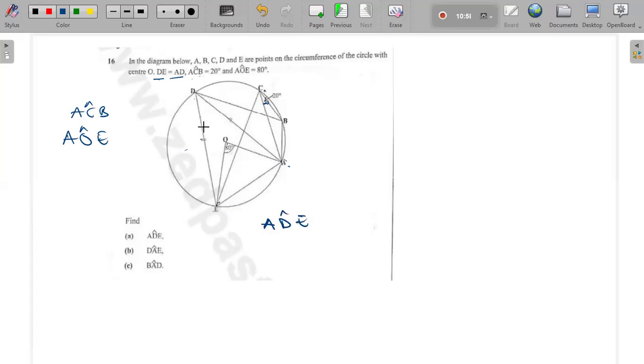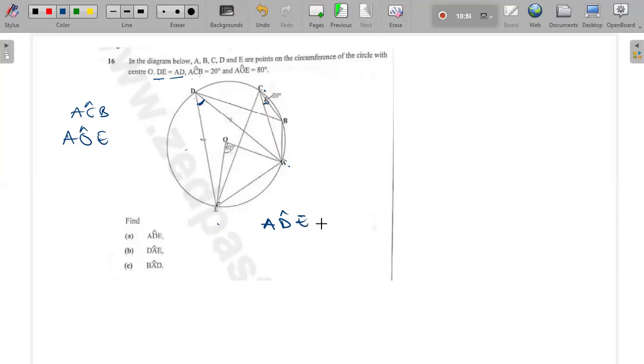So ADE, which is this angle here. Okay, so how do we find that angle there? Since this angle here is 80 degrees, the one at the center, and we know that the angle at the circumference is just half the angle at the center.